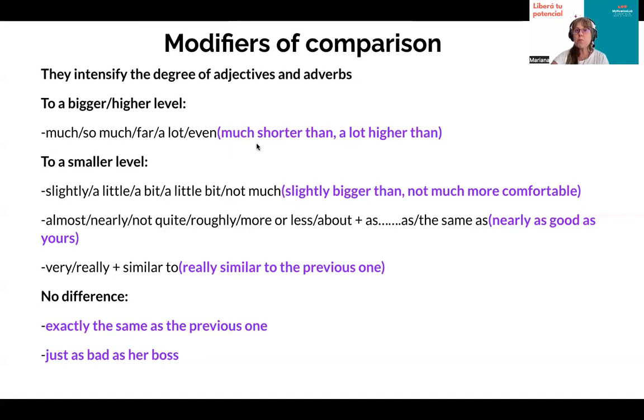Este sería mucho más bajo que, este sería un poquito más grande que, este, como dije antes, casi tan bueno como. Very or really and similar to is really similar to the previous one, realmente, literal, similar al anterior, y sin diferencia, no difference, exactly the same, or just as bad as her boss.